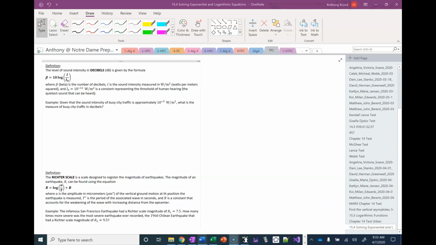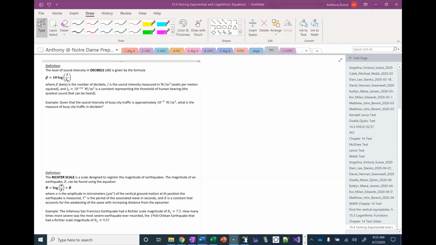So the first situation is going to be sound intensity. Sound intensity is measured in a unit called decibels, and that sound intensity is described by the formula beta is equal to 10 times the common log of I over I naught, where beta is the sound intensity measured in decibels, or it's just the number of decibels.